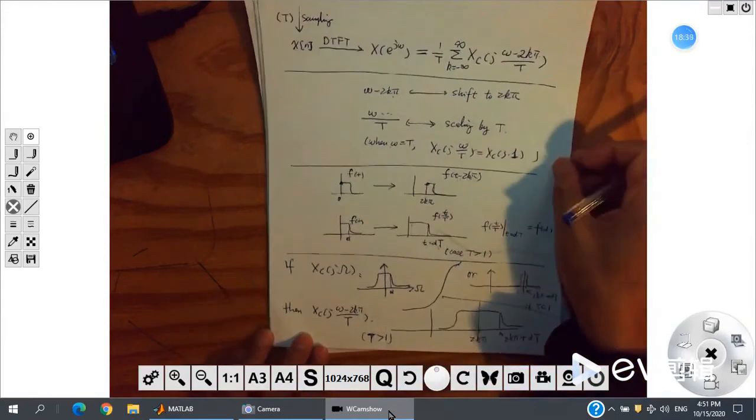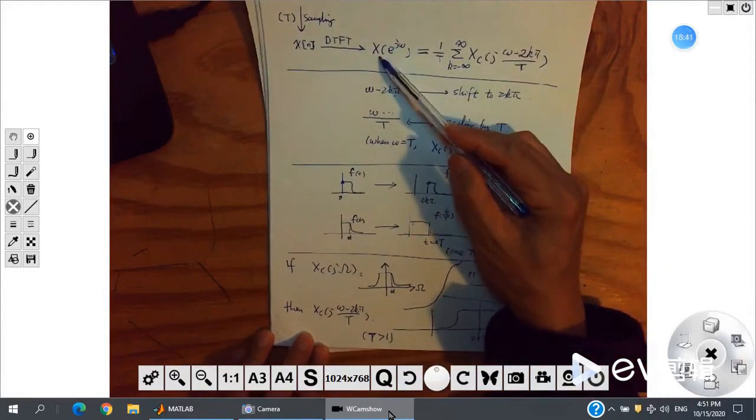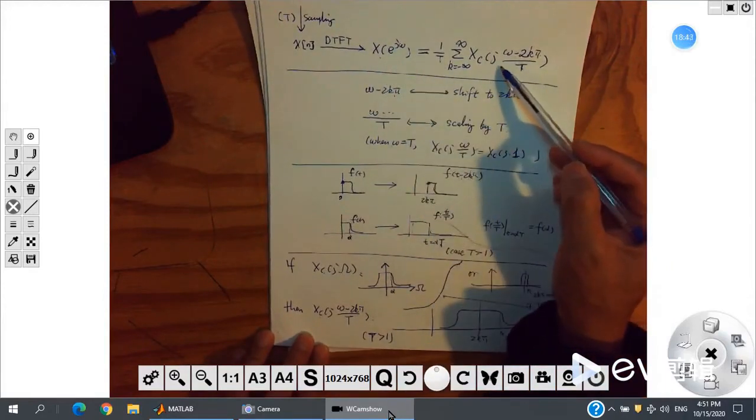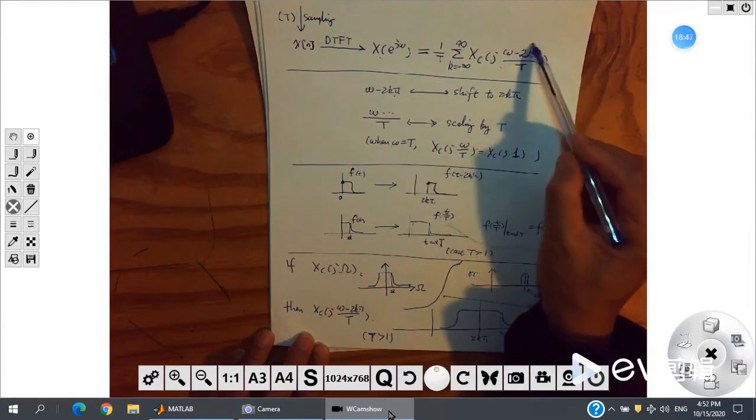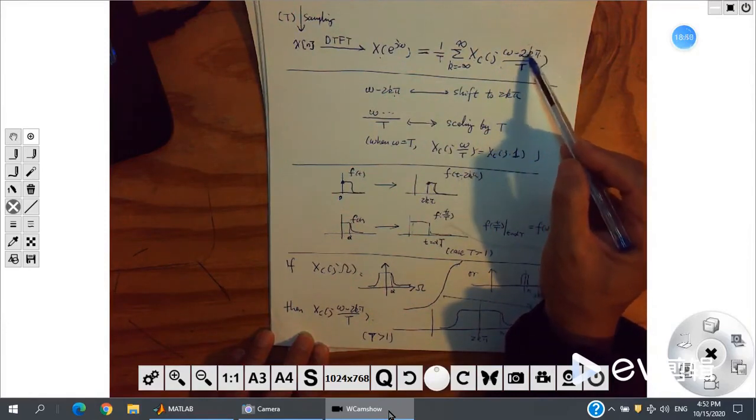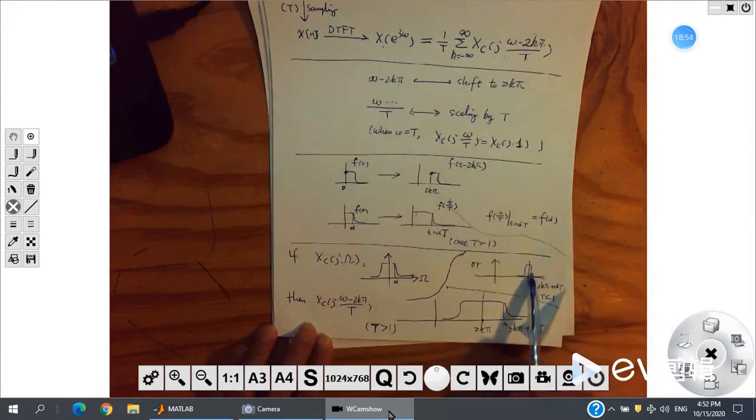Now this X contains infinite such things, each centered at 2k pi. Now can you imagine what it is? Every 2k pi you have this, and you do a summation.